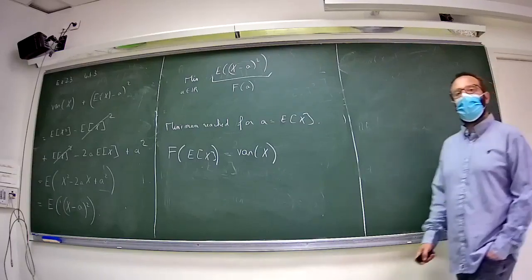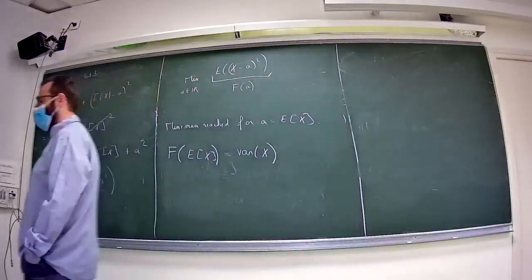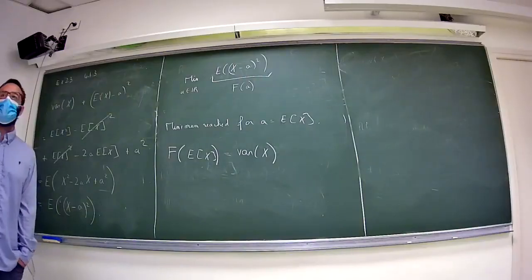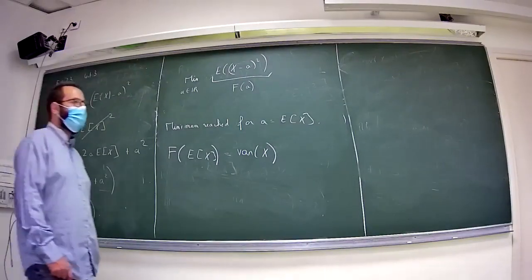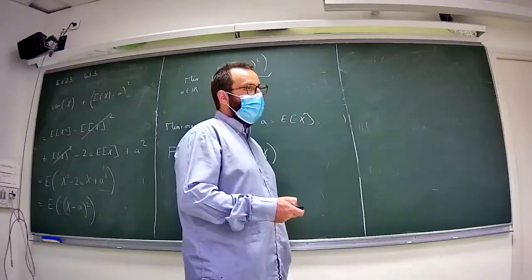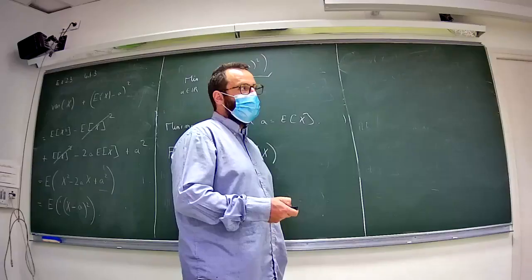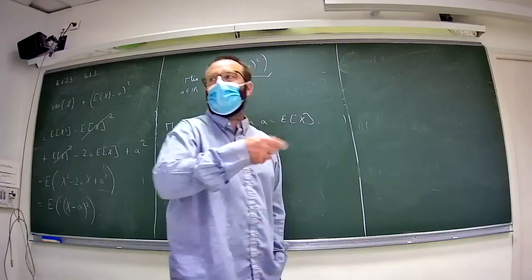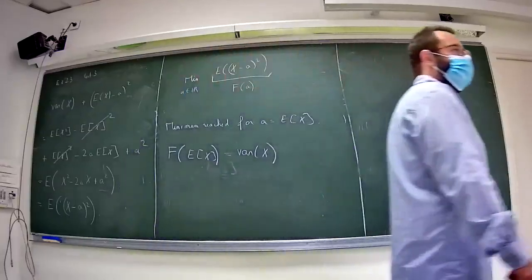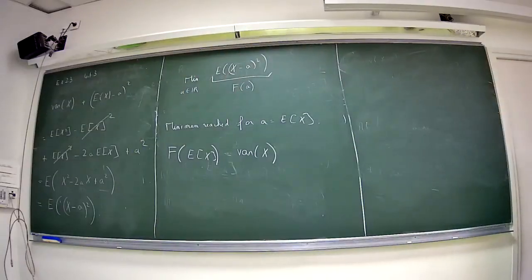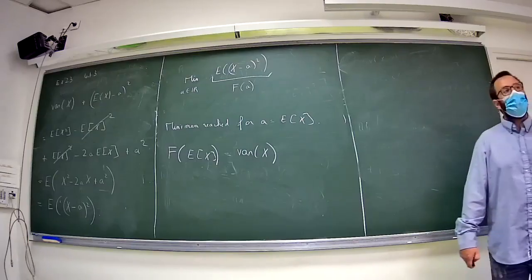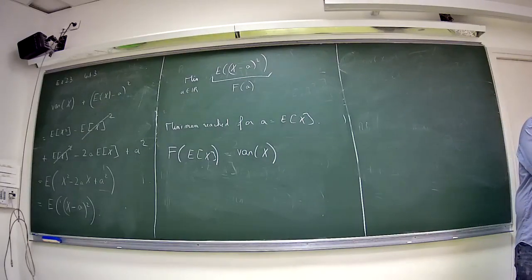So how to interpret this one? I can't enter into all the details for the moment, but I can say that here you have a way, in some sense, to measure the distance between capital X and small a. Now you do the difference of the square or the difference of the absolute value, something that is not very far from a distance. So intuitively, you try to quantify the distance between capital X and small a, small a being a number, a constant.